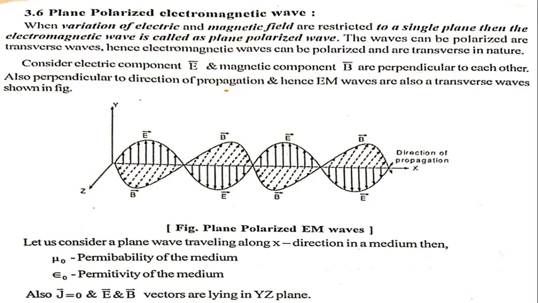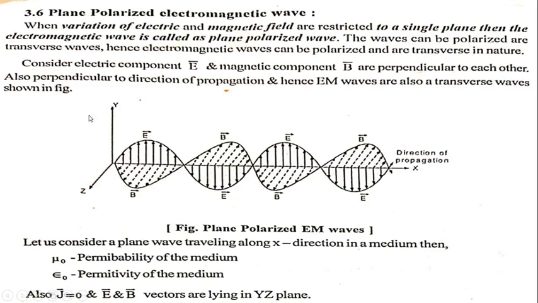The wave can be polarized and transverse. Hence, electromagnetic waves can be polarized and are transverse in nature.